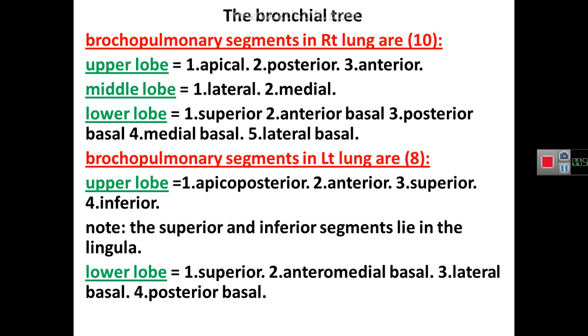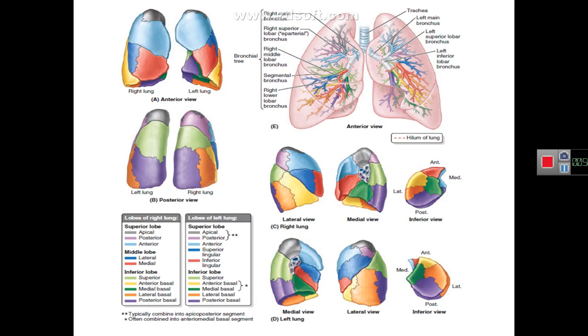So you'll have 10 tertiary segmental bronchi on the right side and 8 on the left side, one for each of the bronchopulmonary segments. And again, you can remember the names of the tertiary bronchi and the names of the bronchopulmonary segments from the diagram.